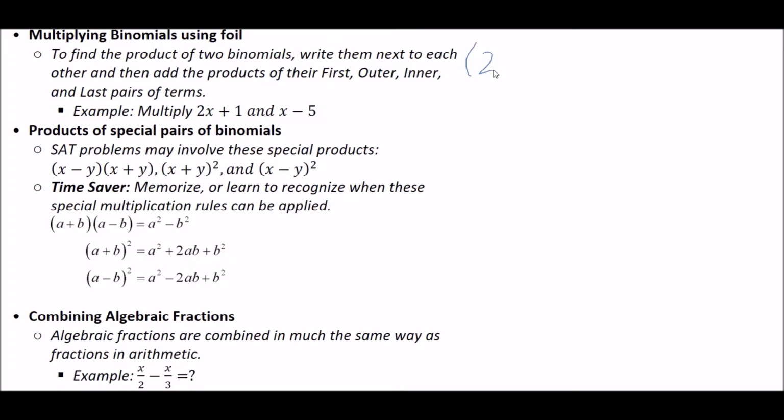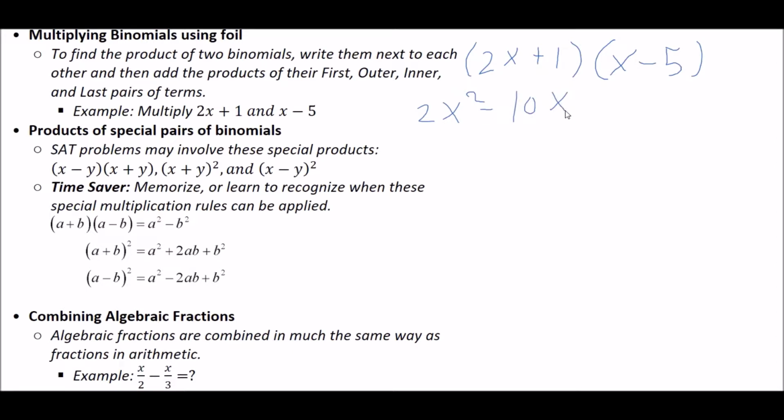So it's 2x plus 1 times x minus 5. First we'll multiply the first terms, 2x and x. That gives us 2x squared. Then we multiply the outer terms. The outer terms are 2x and negative 5. That would give us negative 10x.